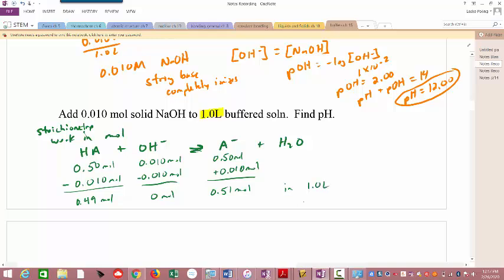So in 1 liter, moles and molarity are the same. So now these are the new initial concentrations for another rice table.